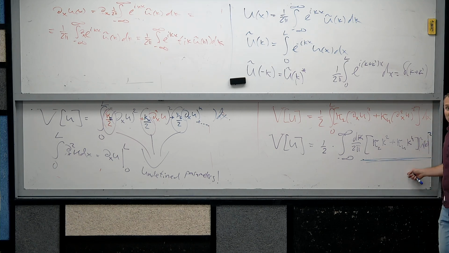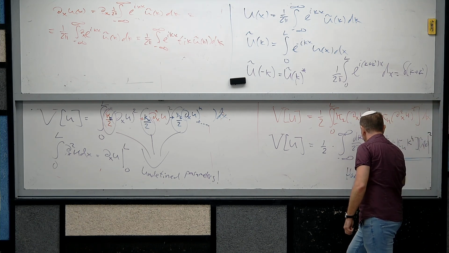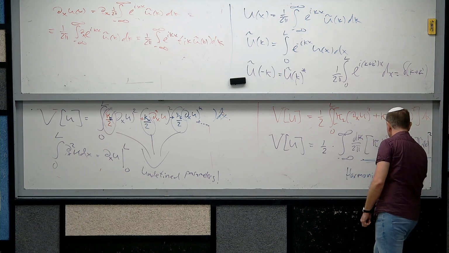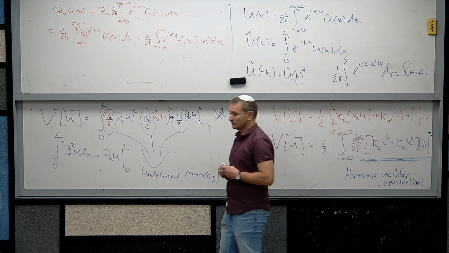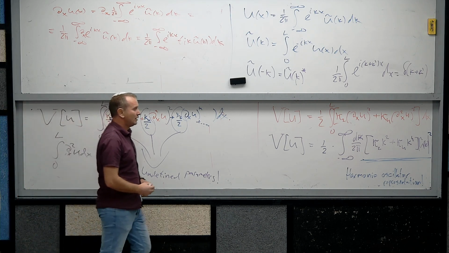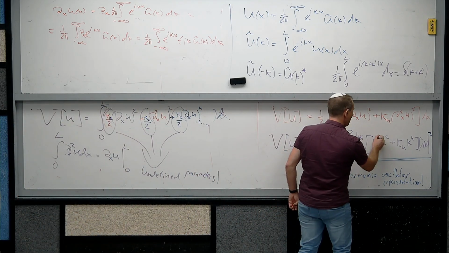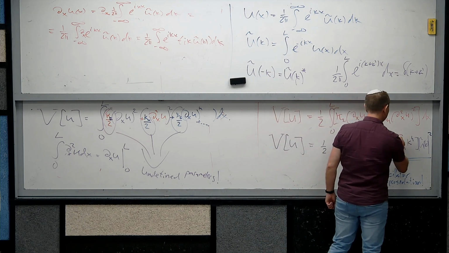So this is exactly a harmonic oscillator representation. The only thing is, again, I have no idea what kappa 2 equals and what kappa 4 equals.